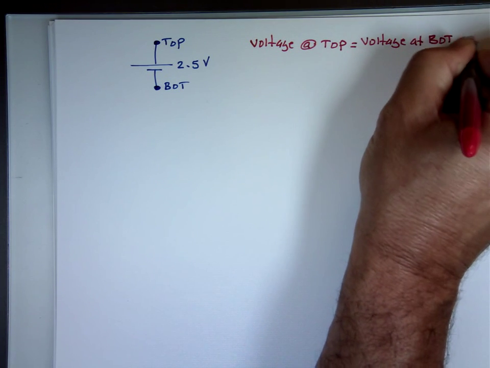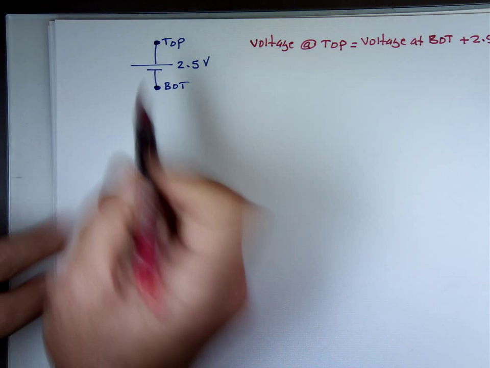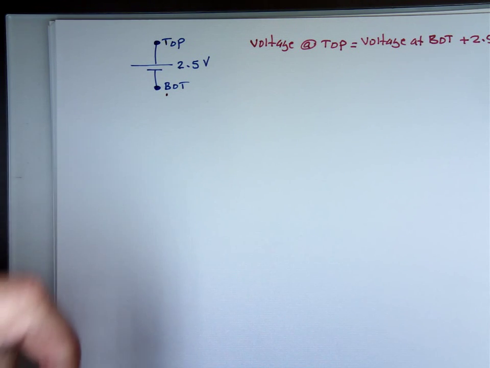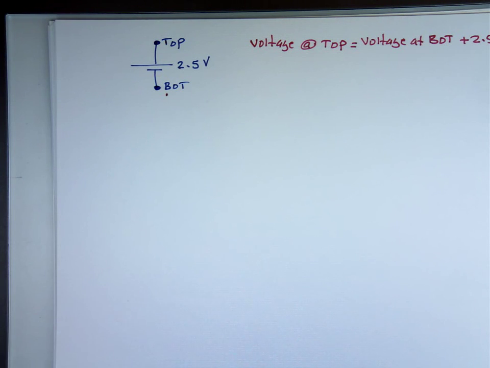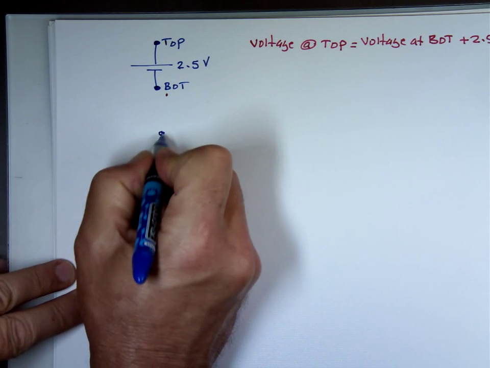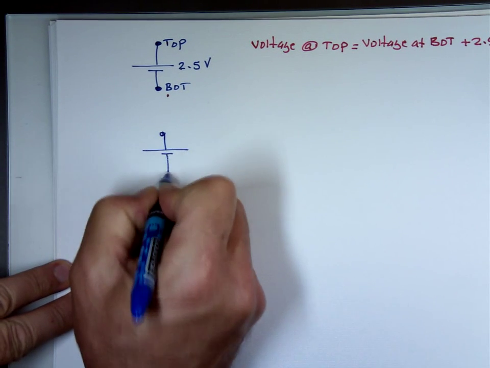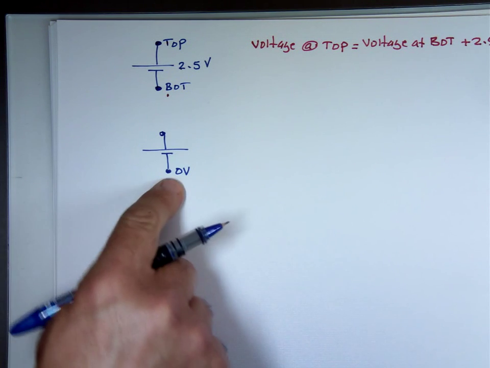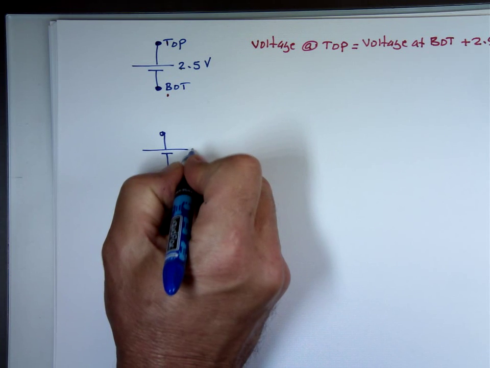That's what that means. This end is 2.5 higher than this end. So Jordan is kind of right when he said the top is 2.5, if this is 0 voltage. If you attach this to the ground and this is 2.5 volts, Jordan is right.